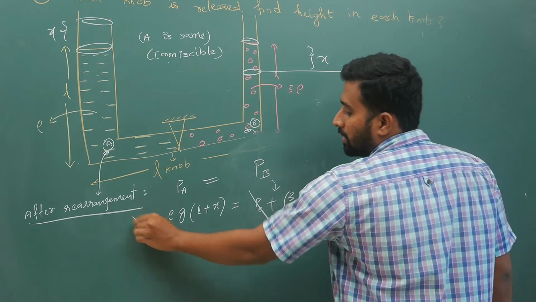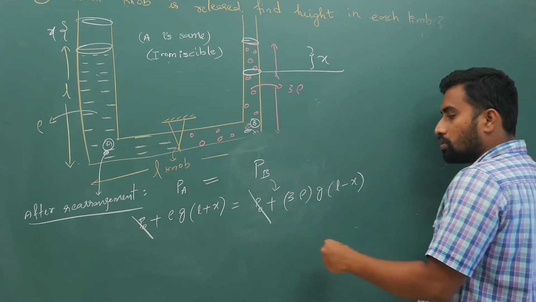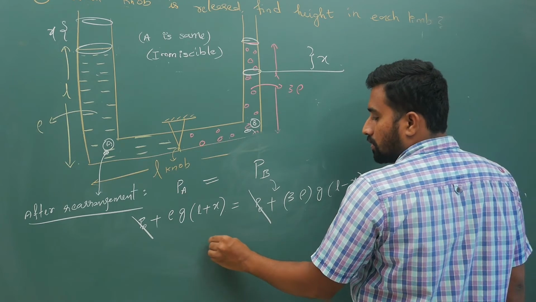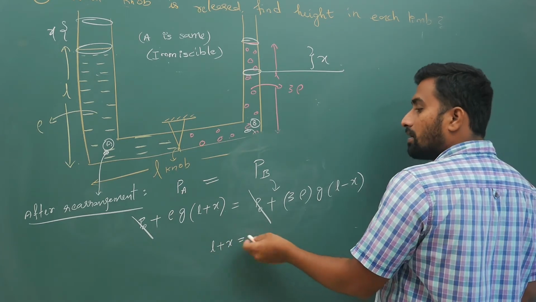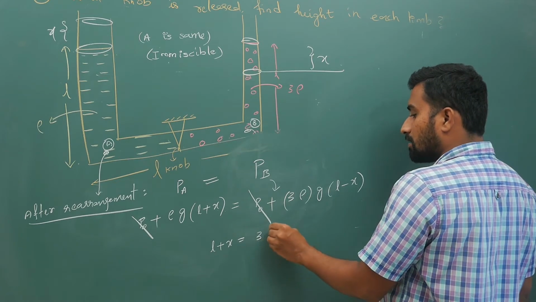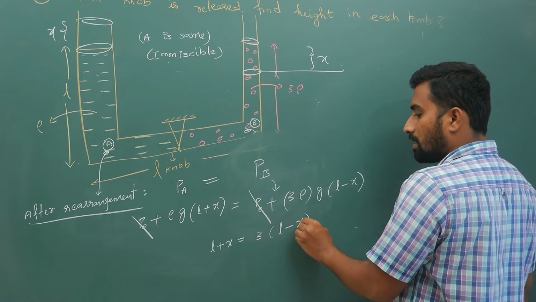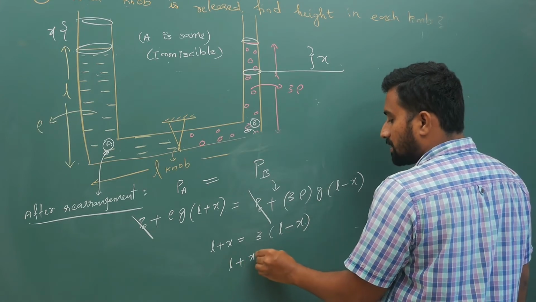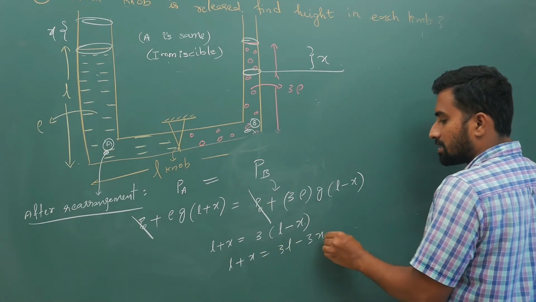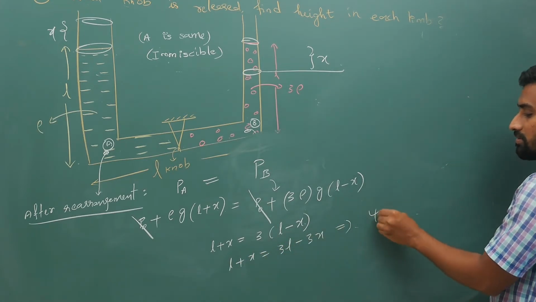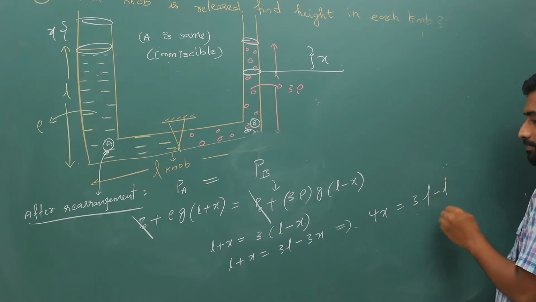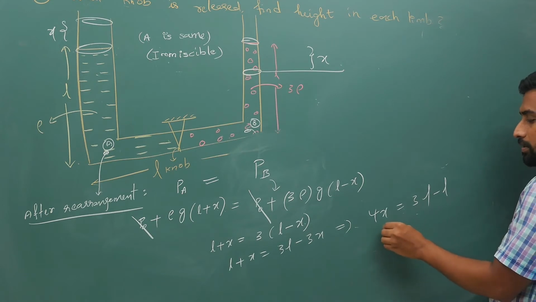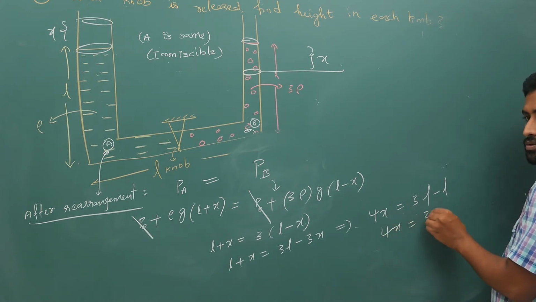P naught will cancel off, rho G will cancel off. So you get L plus x is equal to 3 times L minus x. So L plus x is equal to 3L minus 3x. So x plus 3x is 4x. 4x is equal to 3L minus L, that gives 4x is equal to 2L.